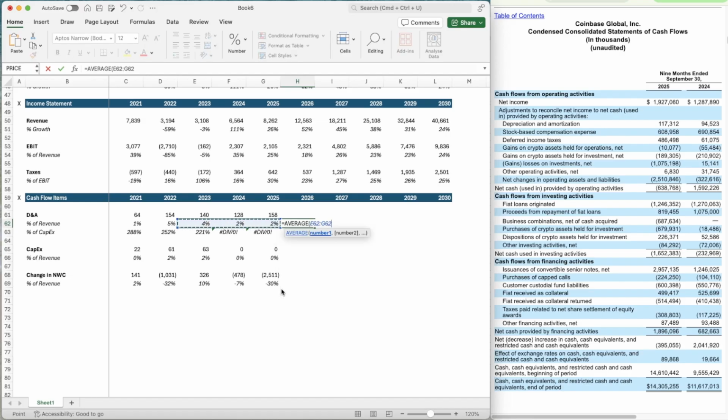Forecast the last 3 years. Pull that over. Revenue.